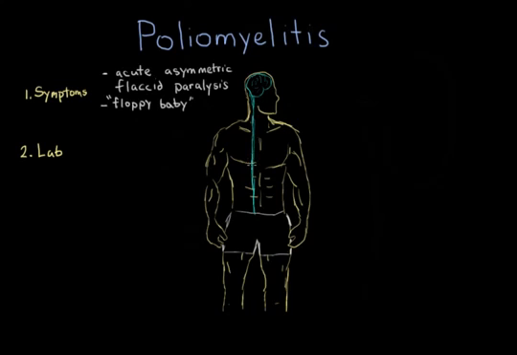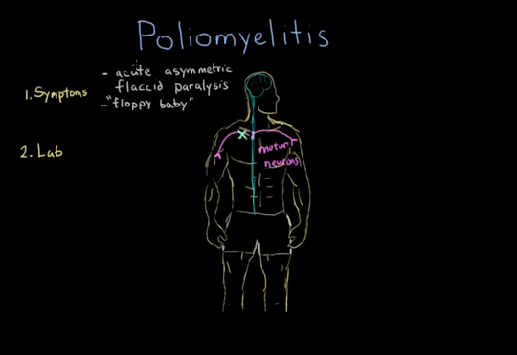And they'll appear floppy because, as you remember, in polio, it's the motor neurons that are being affected. So you've got a motor neuron that innervates a muscle. So it provides energy to a muscle. And these motor neurons are damaged. And they may be damaged in an asymmetric pattern. So you might have this motor neuron getting shut down by the poliovirus, but this other motor neuron being completely active. So you'll see an asymmetric pattern.